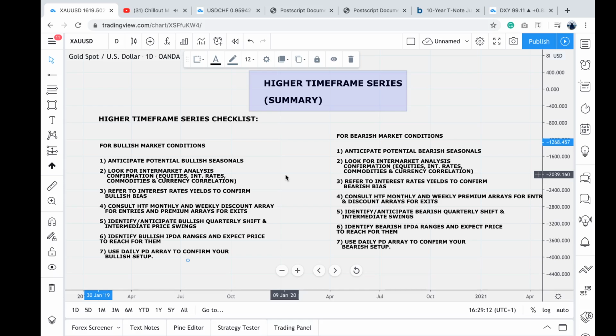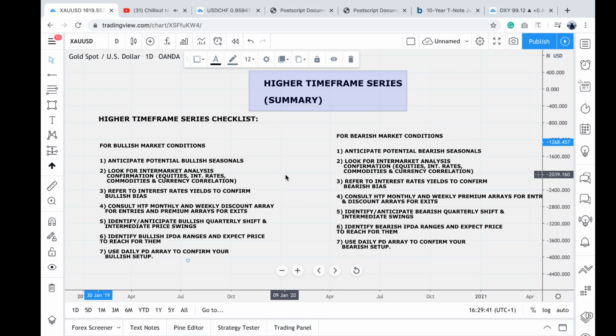So in identifying bullish signals or anticipating quarterly shifts in the marketplace, you have to be able to identify if an intermediate-term swing low or a long-term swing low has formed. That would be the indication of the market making a shift from a bearish tone to a bullish tone, if you're looking for bullish market conditions.